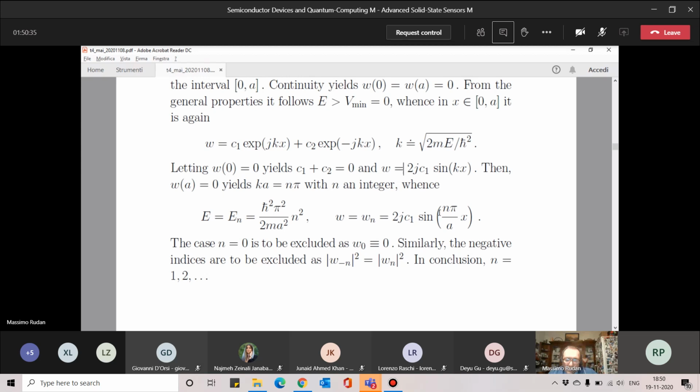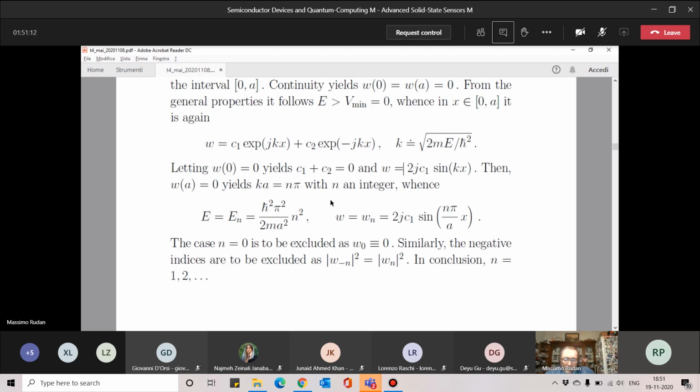Let's now see what are the possible values of the index, because here we have any integer. Of course, we must exclude the case in which n is equal to 0, because in that case the eigenfunction would be identically 0, but the eigenfunction must be non-zero. When you have an eigenvalue problem, you seek the functions that solve the problem and are non-trivial, that is non-identically 0. So we exclude n equal to 0.